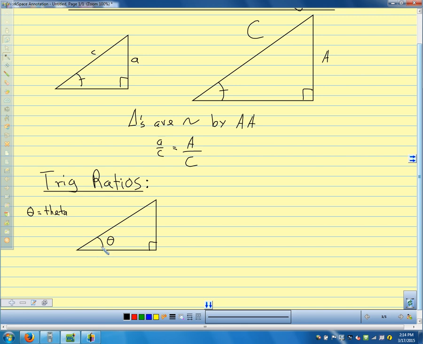So that's theta. And we could also call it angle A. And we're going to label the sides. This side that's next to the angle is the adjacent side. This side that's across from the angle is the opposite side. And the hypotenuse is always the hypotenuse.